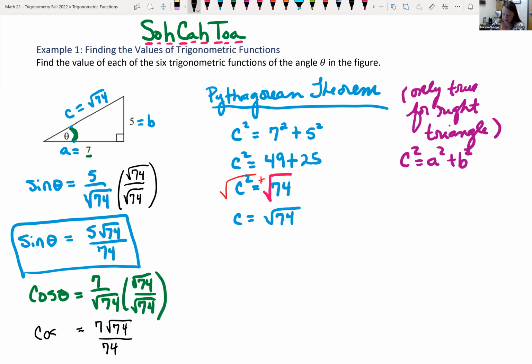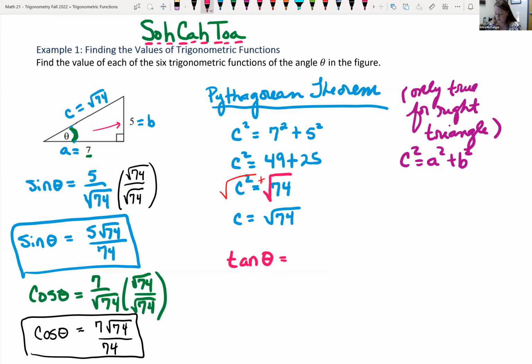That's what our cosine theta is. Tangent theta. Tangent theta is opposite, so opposite is 5 all over the adjacent, which is 7.